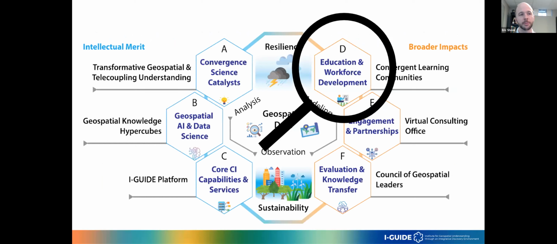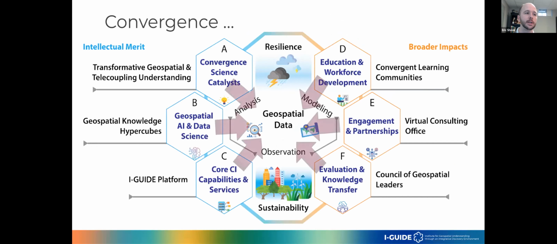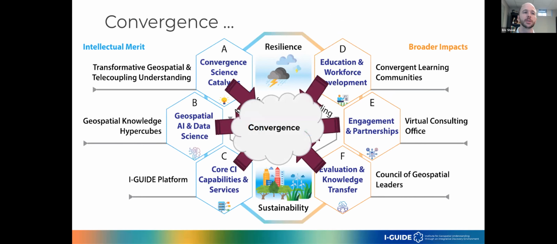So as Shaowen mentioned, we're one of 6 teams in education and workforce development. And really it's kind of our task to get all of these groups to actually converge on some of these problems on resilience and sustainability. Of course, within the project, this is a smaller task than trying to get a number of science communities to converge outside of the project.